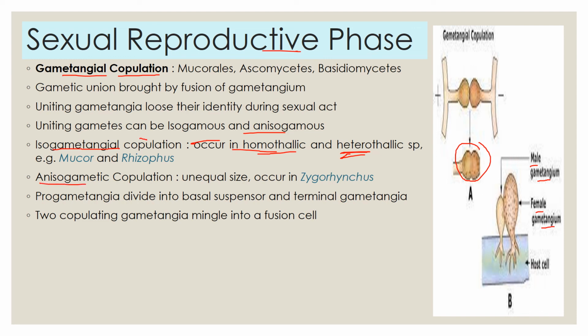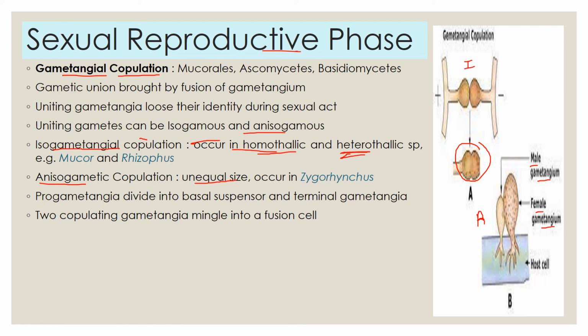And in anisogametangial copulation, the two fusing gametangia are of unequal size. And in isogametangial copulation, they are of equal size. This is the example here in this picture. This is the isogametangial copulation, and this is the anisogametangial copulation.